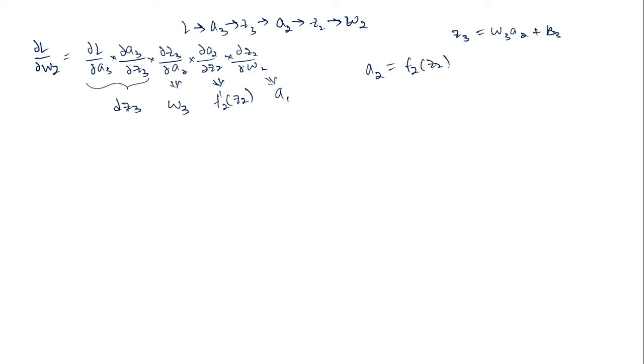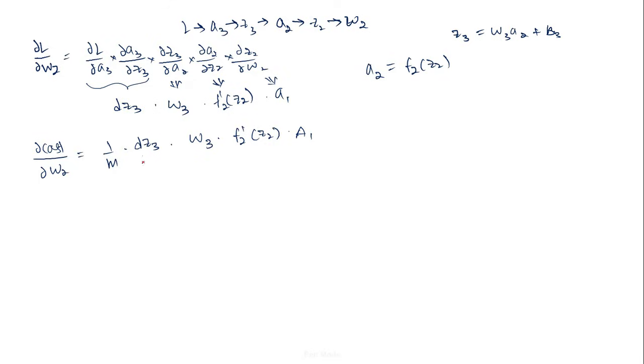So del L by del W2 comes by multiplying these four terms, and we can get the cost by considering all the observations. Then it will be 1 upon m multiplication of these terms, but we didn't consider the dimensions into picture, so let's consider that as well.